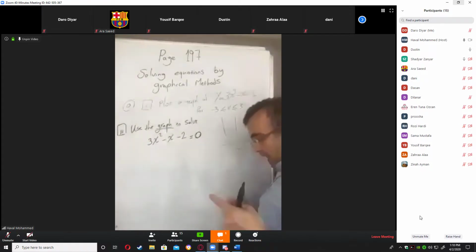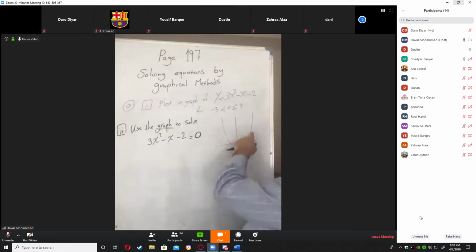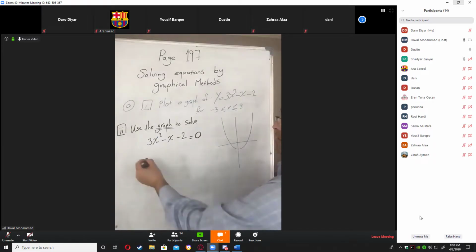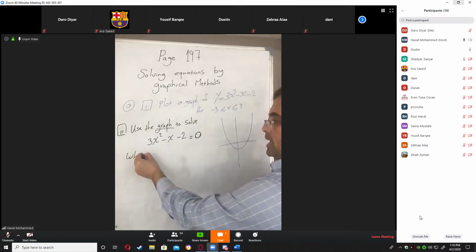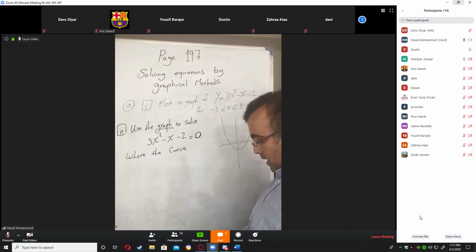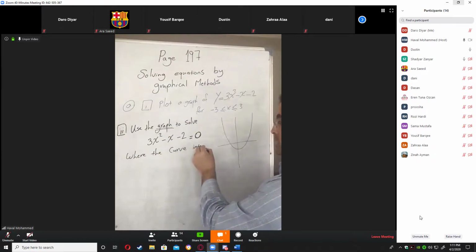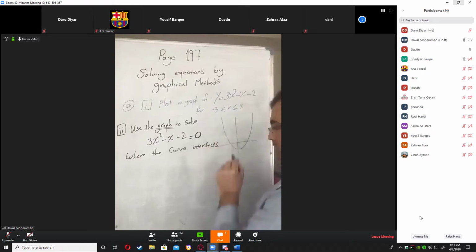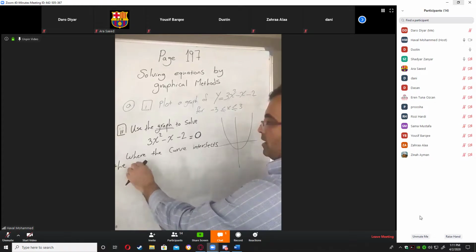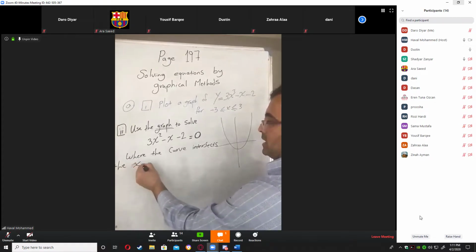What's the meaning of that? I'll explain to you. To solve that, this is your graph. When it says solve it, what's the meaning here? Where the curve intersects the x-axis.